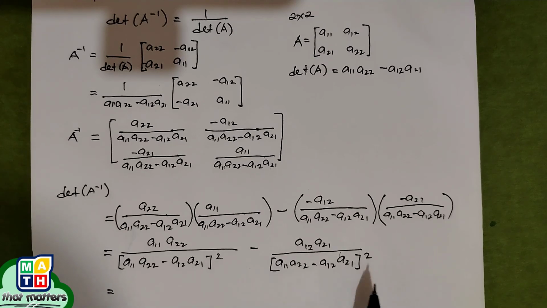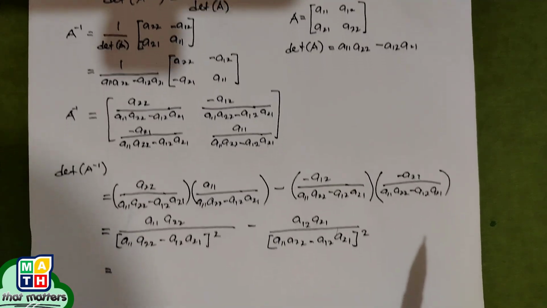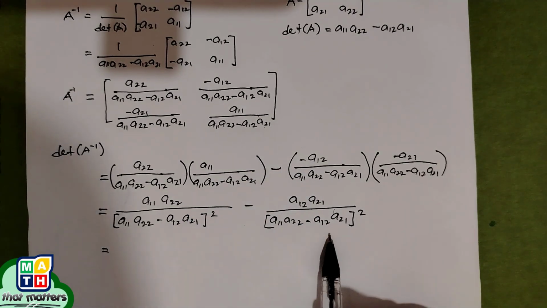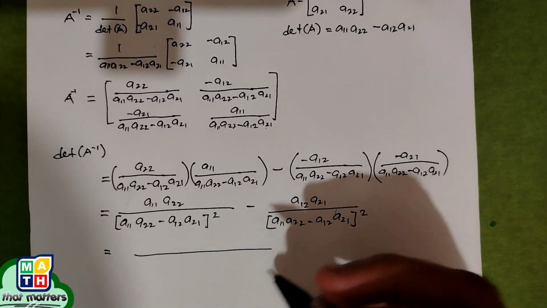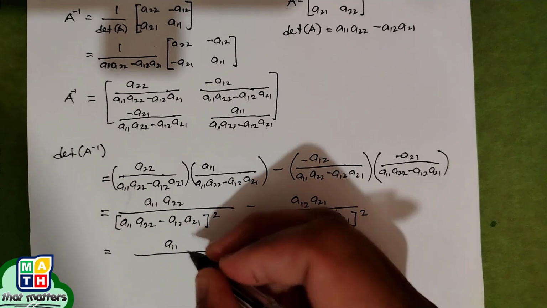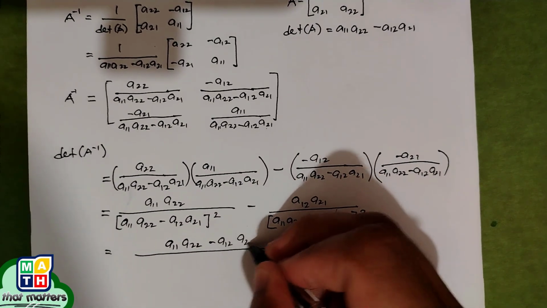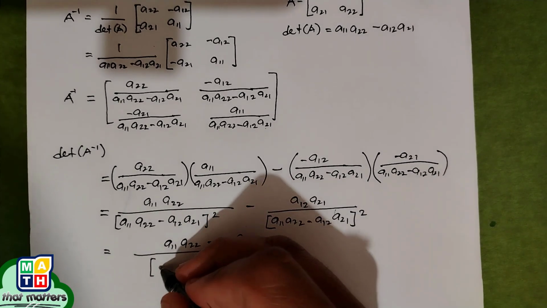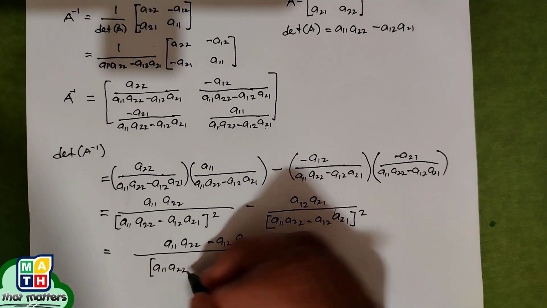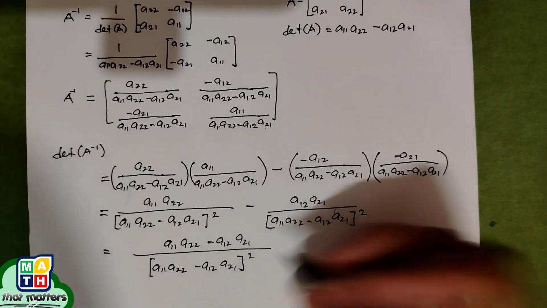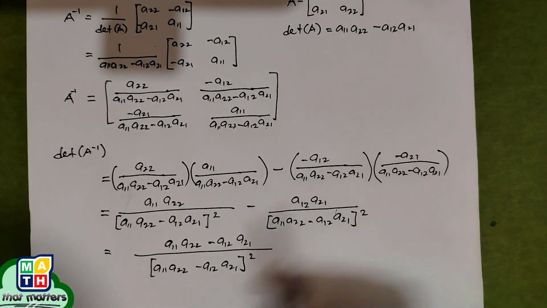So this should be squared. Your numerator will just become, since we have the same denominators, A11 A22 minus A12 A21 over, again, this is what I forgot earlier, the square of this.